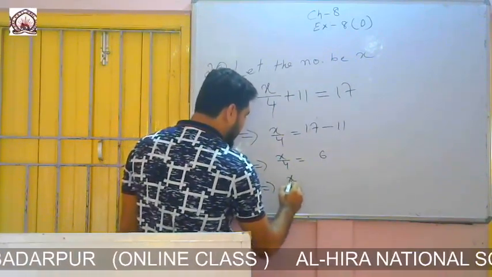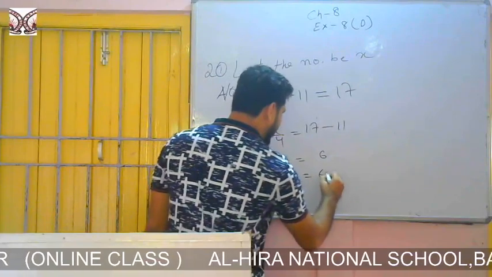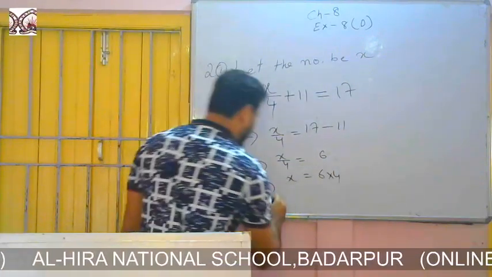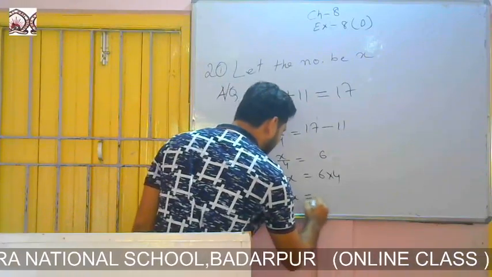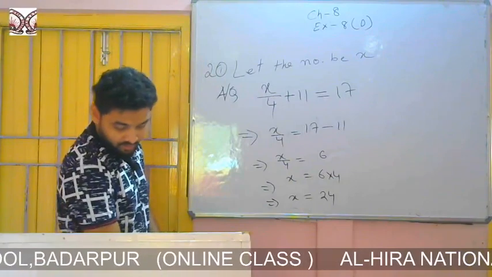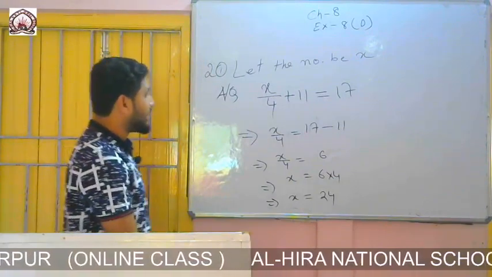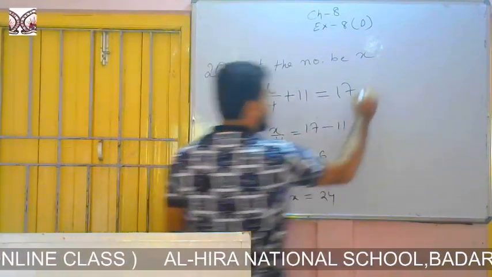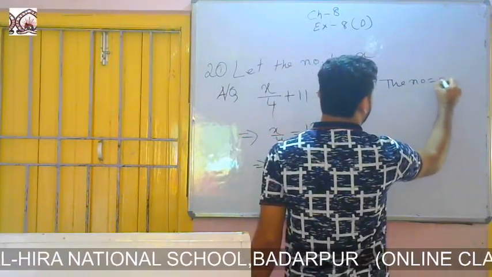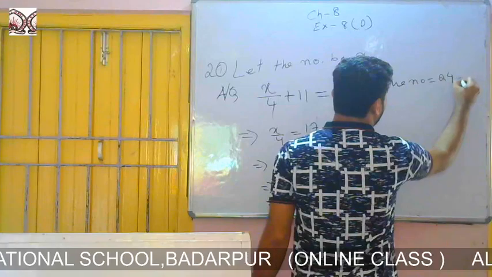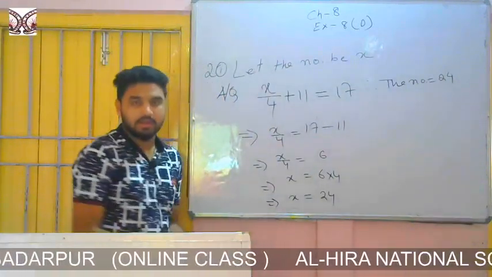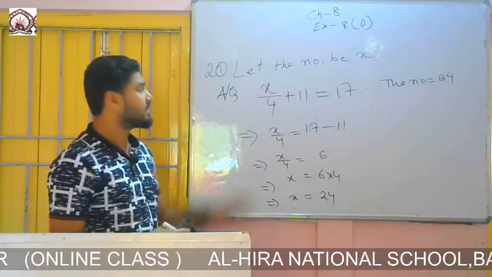Then I can write x equals 6 into 4, because division, if I take it to the other side, will become multiplication. So the answer will be 24. Therefore the number equals 24. That means I thought the number was 24.